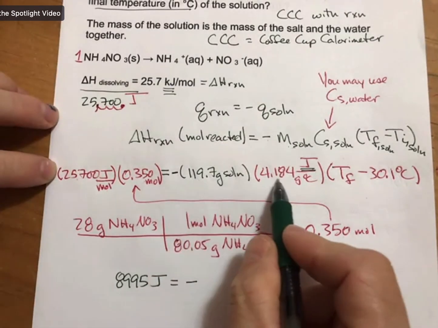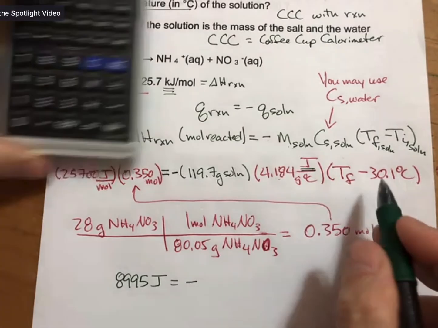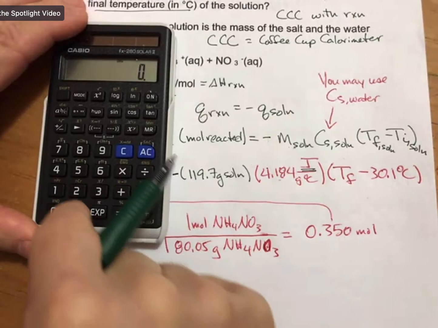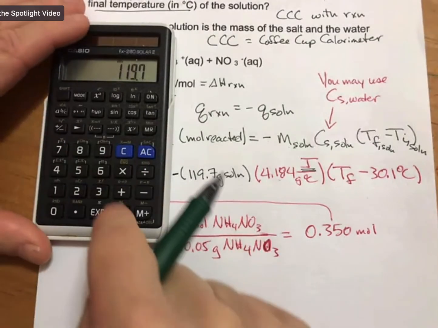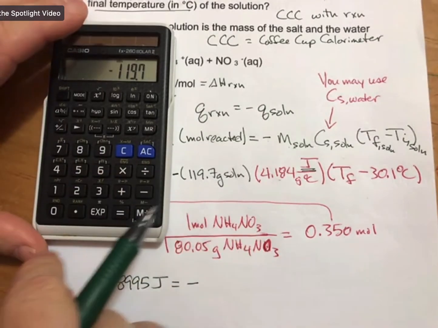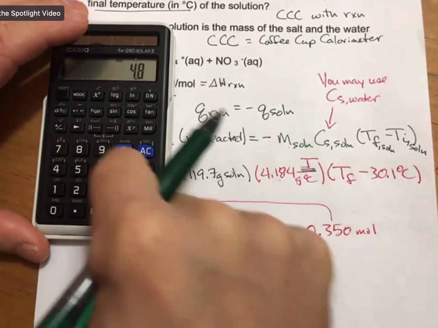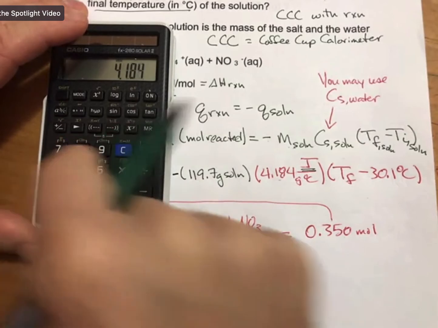I have these two numbers, and again, I will distribute minus 119.7 times 4.184.